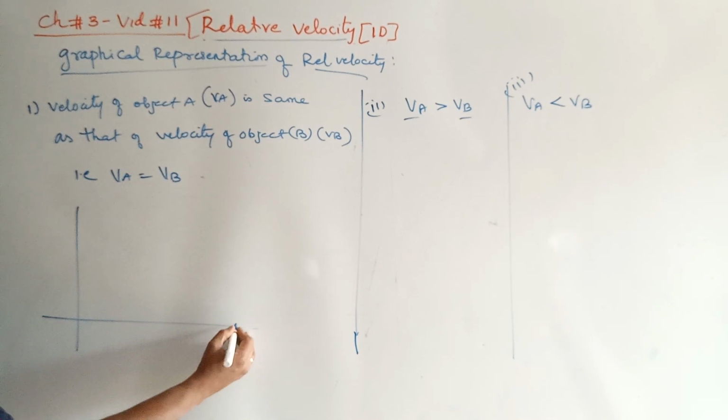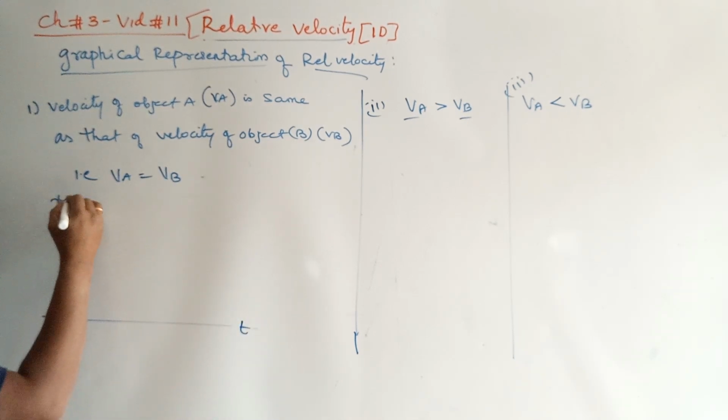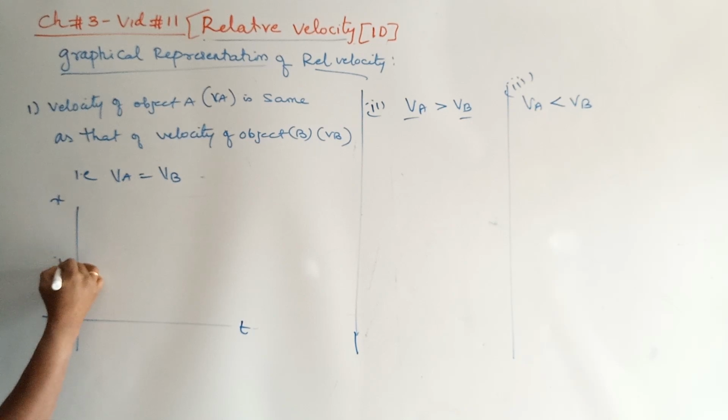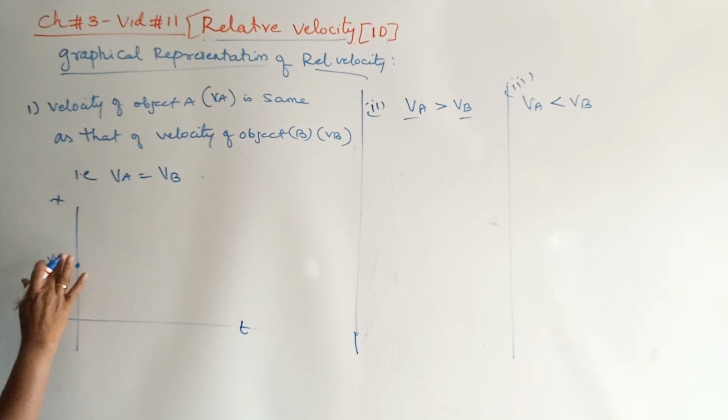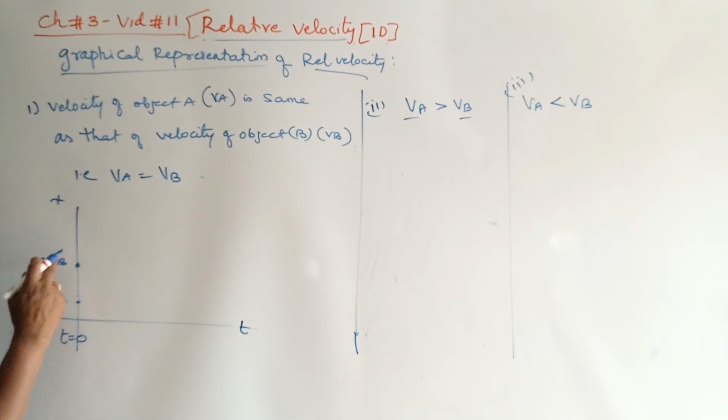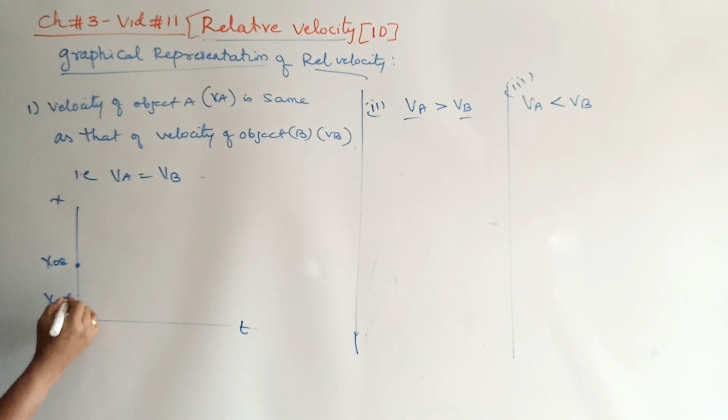Let me say this is time, this is x, this is v, and this is the initial position x naught b, and this is x naught a. Two objects A and B. Two objects A and B are having the same velocities, but starting at different locations.